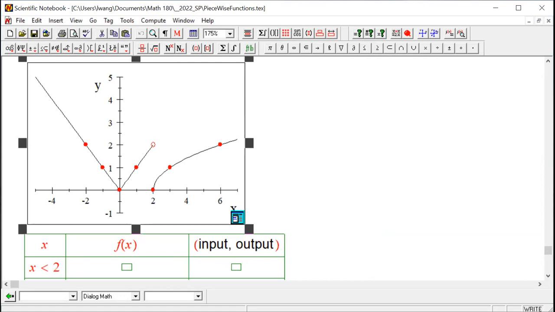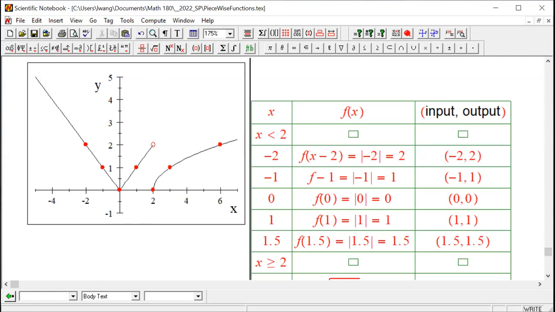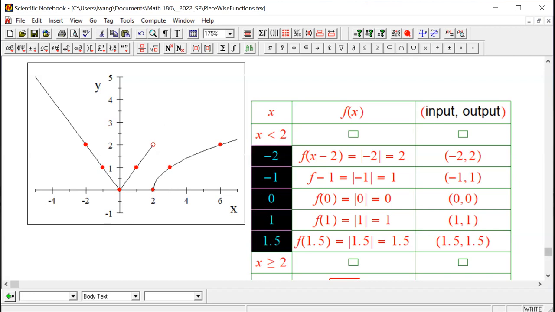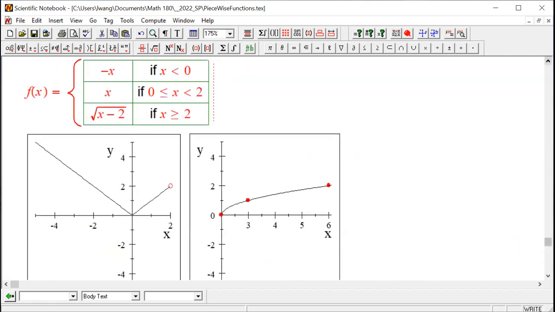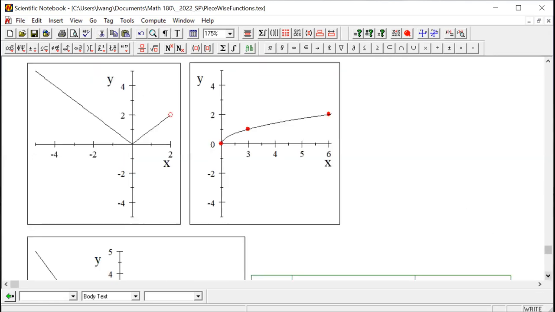When you make the table to plot points, we have to be aware that the points you plotted follow one piece of the rule, and the other ones follow the other piece of the rule.